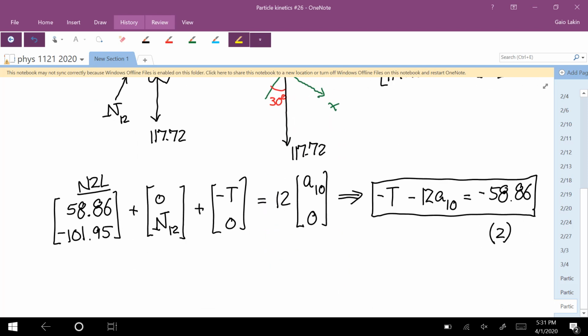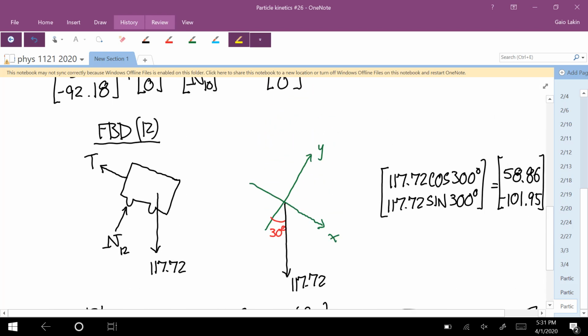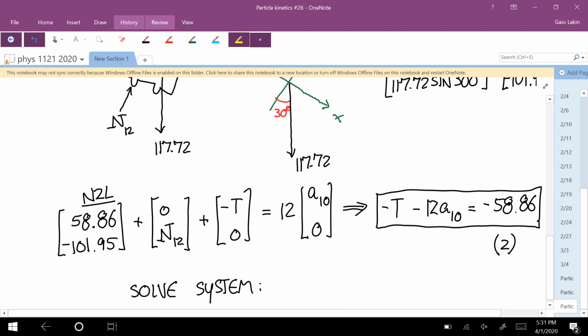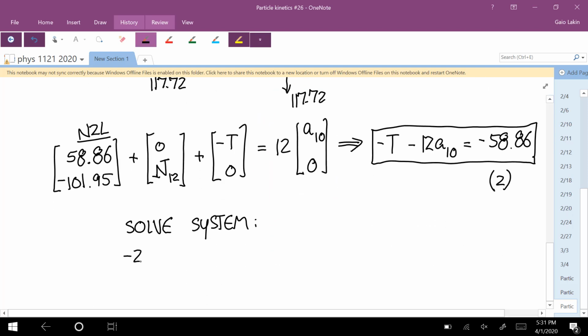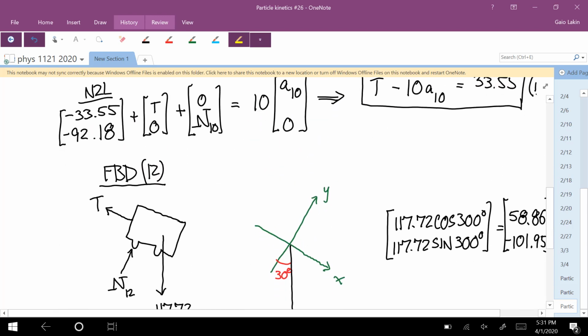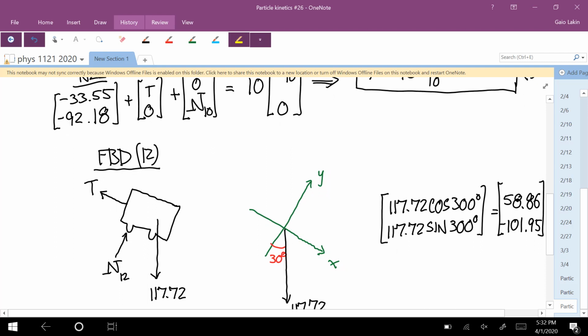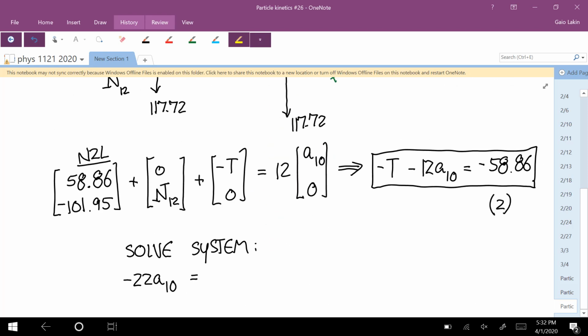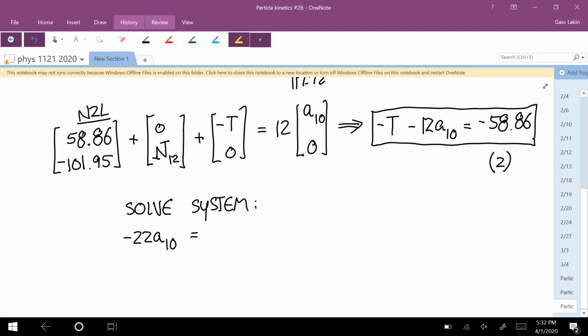So now I'm going to solve this system. If I add those two equations together, we get 0T minus 22 A10 is equal to 33.55 minus 58.86, and that gives you negative 25.31.